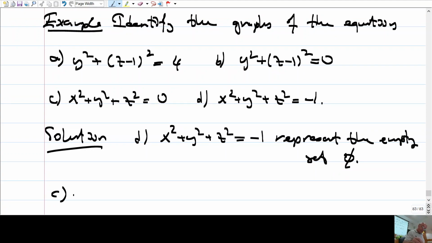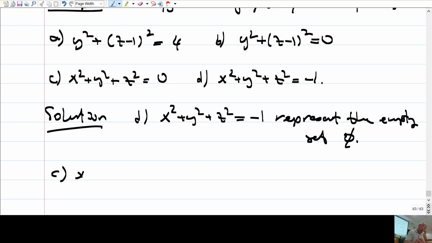What about C? X squared plus y squared plus z squared equals 0. Well, this is possible only if all of them are 0, right? So this implies x equals y equals z equals 0.